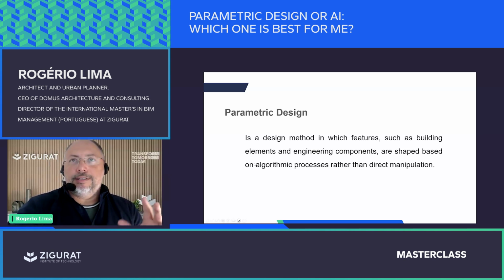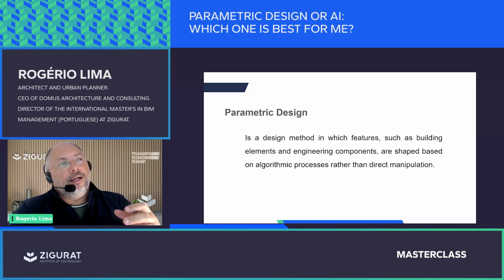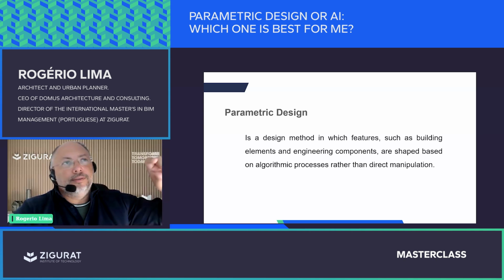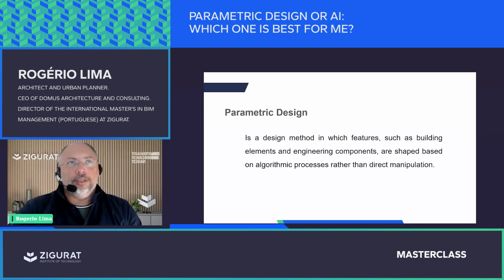I think this is easy to understand because everybody sometimes sees a Dynamo video or a Grasshopper video, where someone creates a code and on the other side sees something modeled.